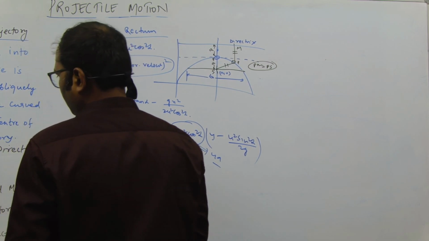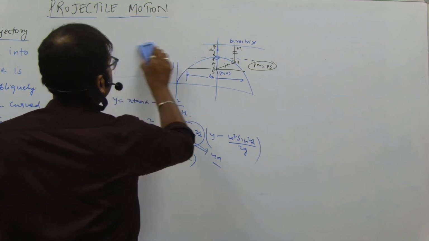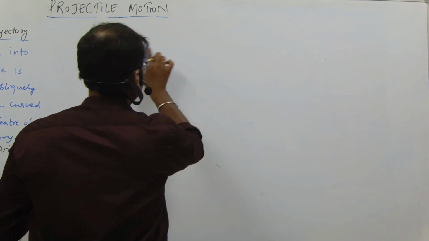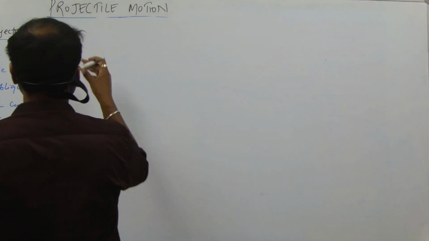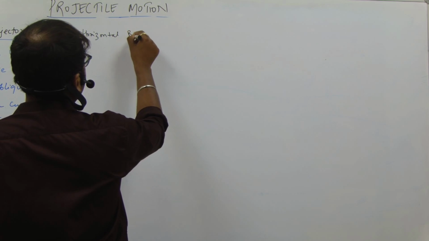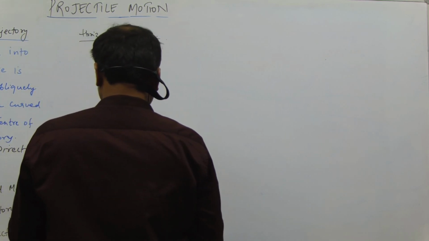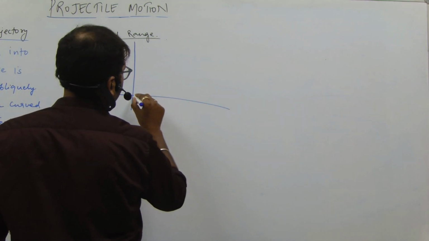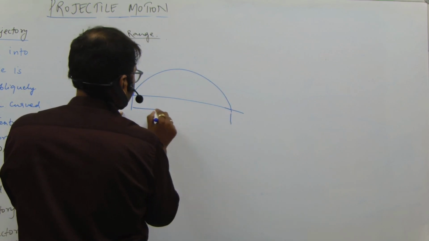Now let us find the horizontal range. What is our range? How can we find this? What is range? In the case of a projectile, this distance is the range.